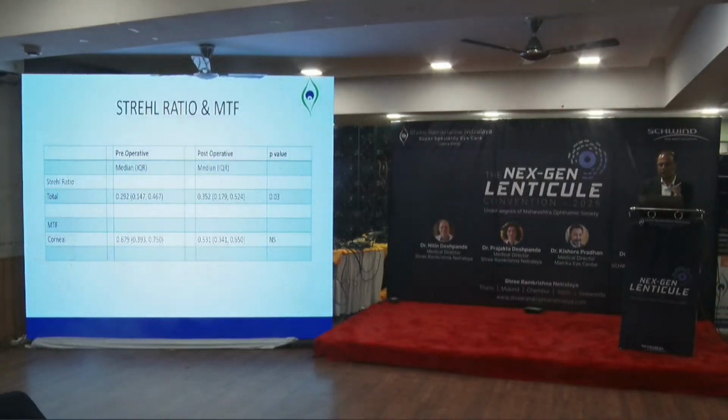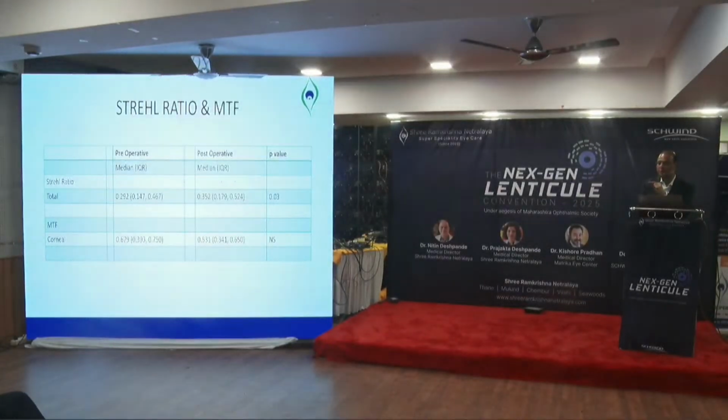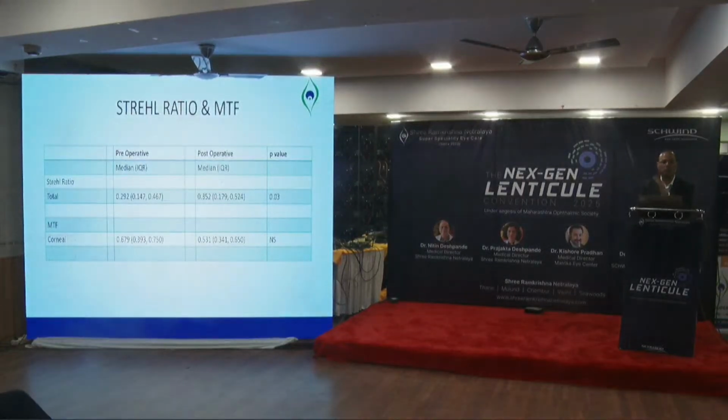Even if you check MTF, 0.6 to 0.5, although there is a slight change, let me tell you, 0.5 indicates a very good optical system. Anything beyond 0.3 is a good optical system. And mind you, these are young patients, and both Strehl ratio wise and corneal MTF wise, we have had very good outcomes. So this indicates that the outcomes were good quality vision.